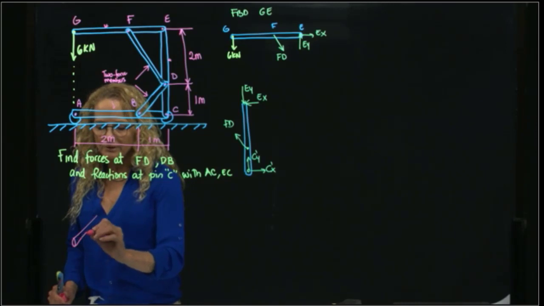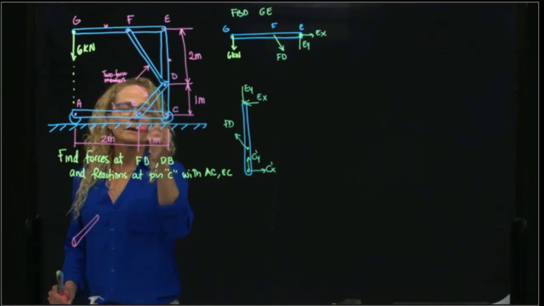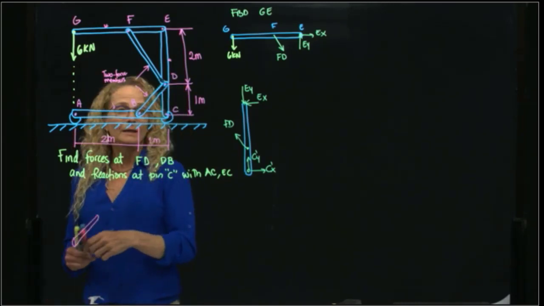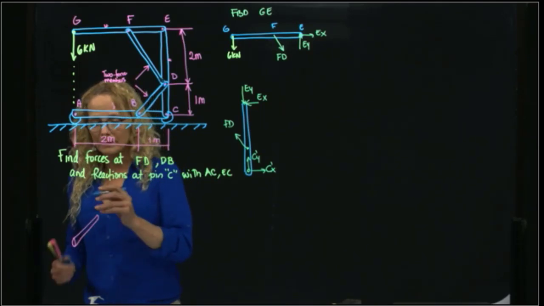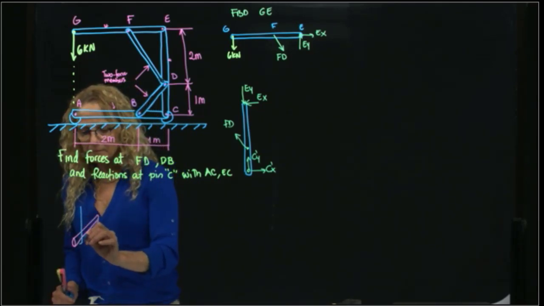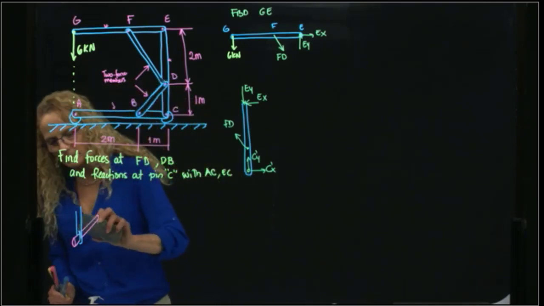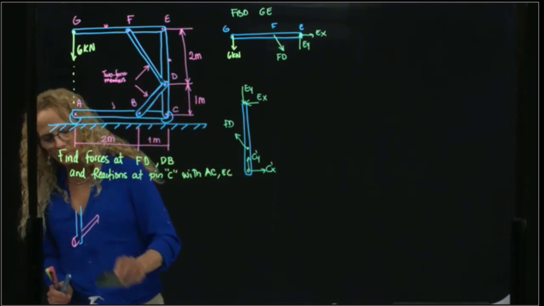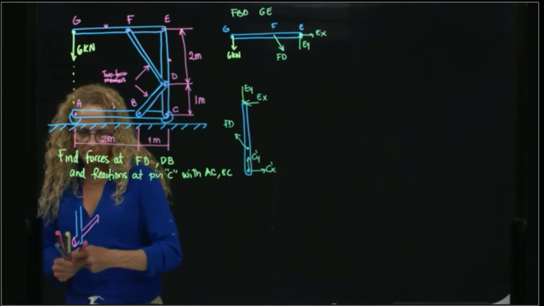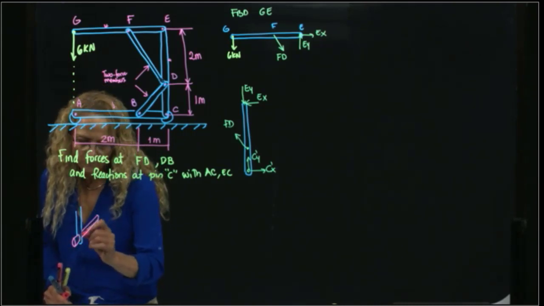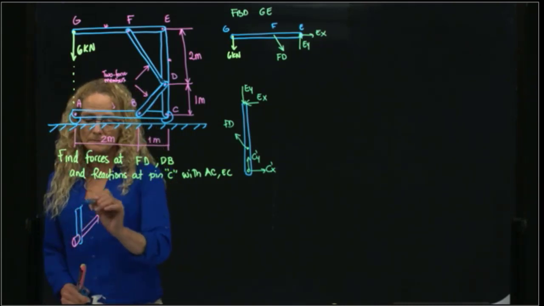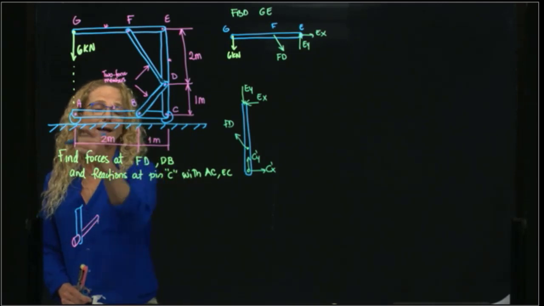This is a three-dimensional drawing of my pin, and as you see, I have this member right here that will be the member that goes up. Then I have the member that goes to one side.